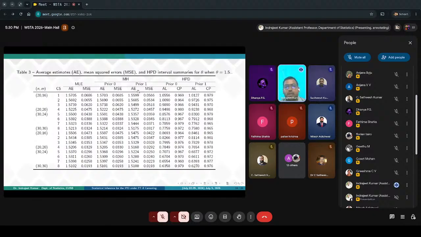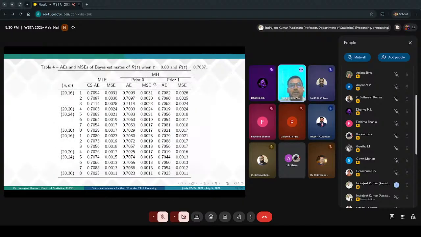This is the average estimate under the Bayesian MCMC technique, and this is the average length and coverage probability under the HPD credible interval for both prior 1 and prior 2. This is for parameter theta, and this is for the reliability function.